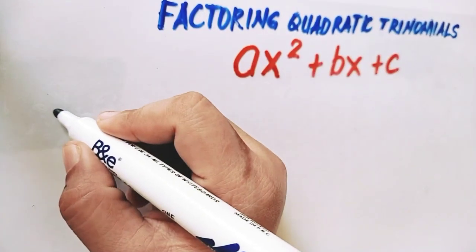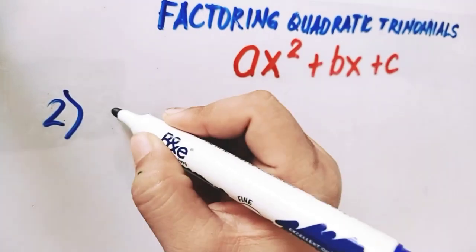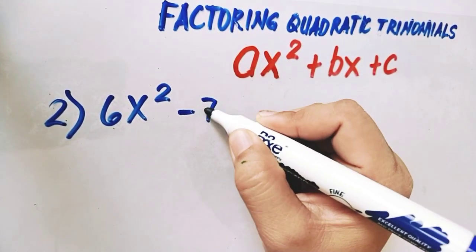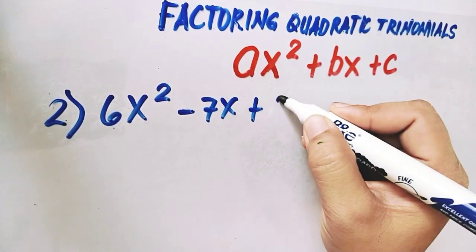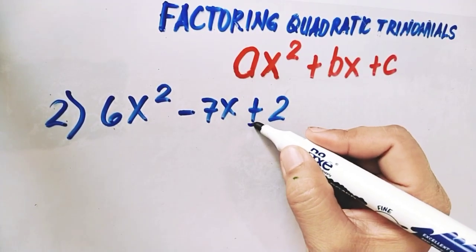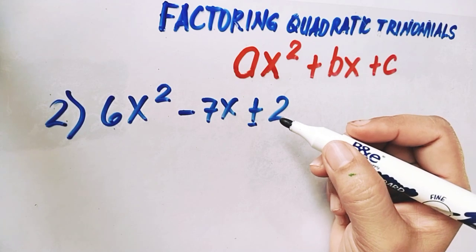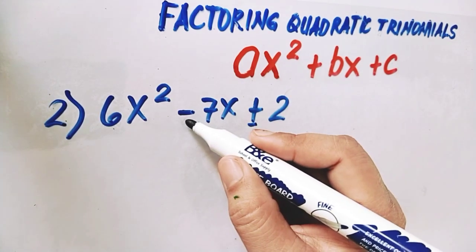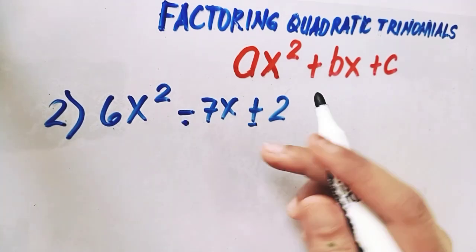For example number 2, we have 6x squared minus 7x plus 2. Since this is positive, our factors must have the same operation. And our first operation is minus, therefore we will follow this one.